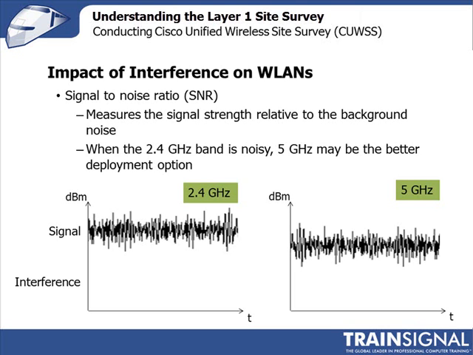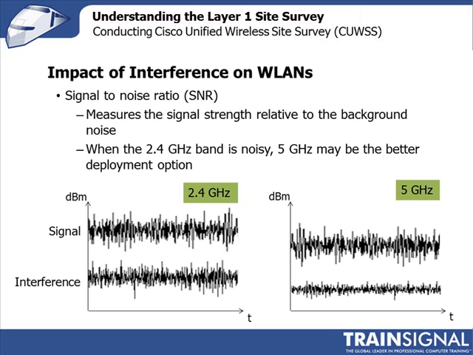However, if we look at the interference in the 2.4 gigahertz band, and here I've illustrated it, you can see what I care about is my ability to recover the signal above that interference. And so if my interference is less in the 5 gigahertz band, as illustrated here, you can see that my signal-to-noise ratio in the 5 gigahertz band could be equivalent or better than the 2.4 gigahertz band.